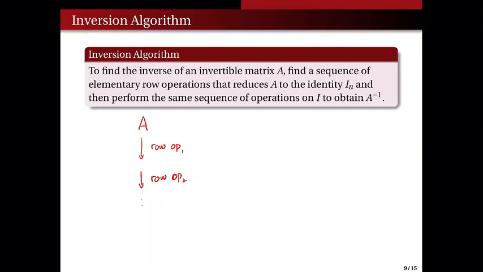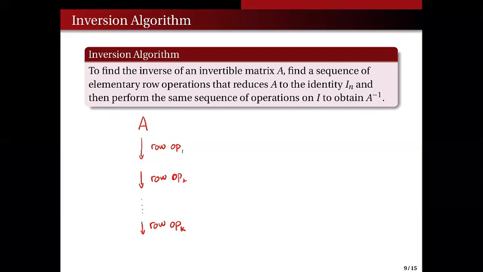You apply this all throughout, say some K. So after you applied K row operations, and by row operation, I mean the elementary row operations, the three operations that we have.